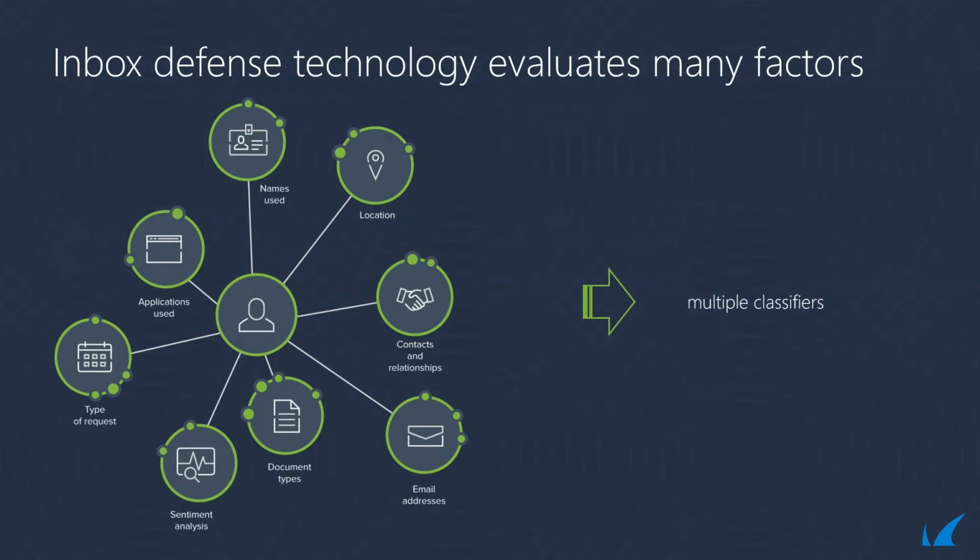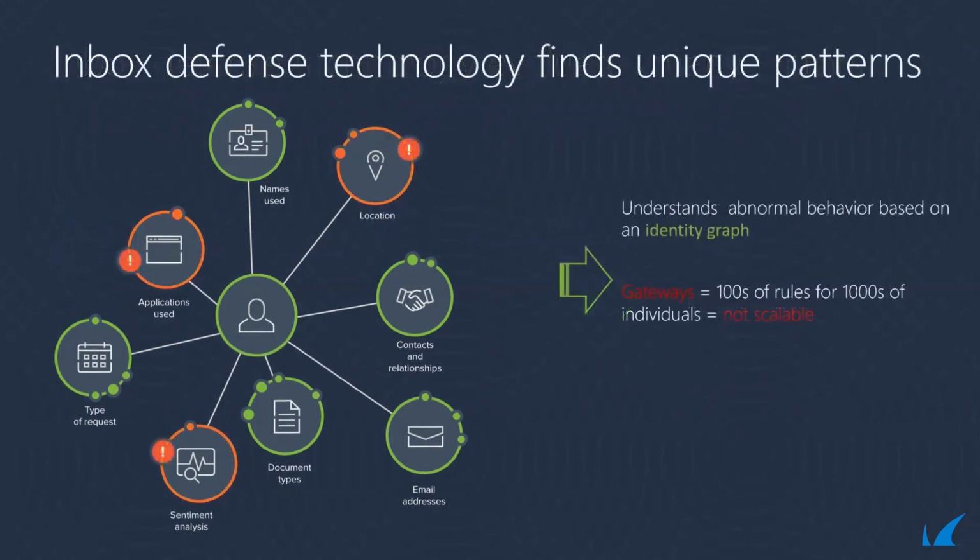What email addresses people are using, where they're signing in from, how they sign in to their emails, and what types of requests and emails that they're producing will all go into those classifiers. And therefore, it's able to understand the abnormal behavior on internal and historical data to define a normal pattern and spot anomalies, sign-ins, and the unusual location sign-ins to avoid hundreds, if not thousands, of rules that would be in a traditional gateway.